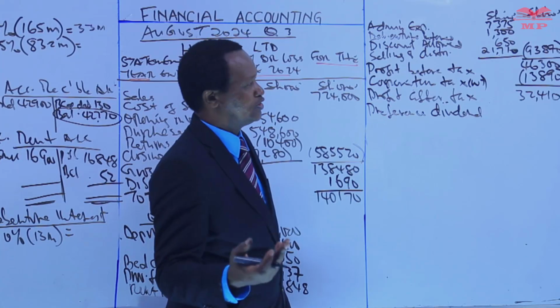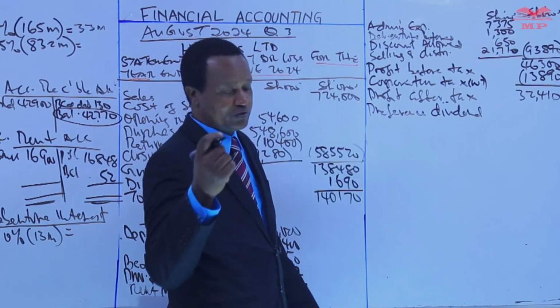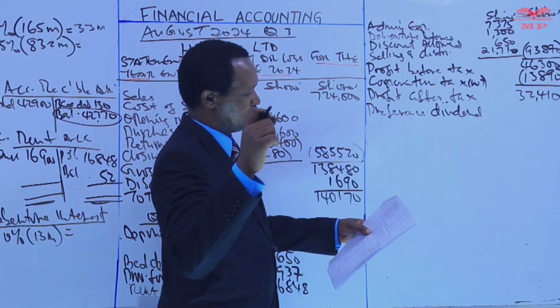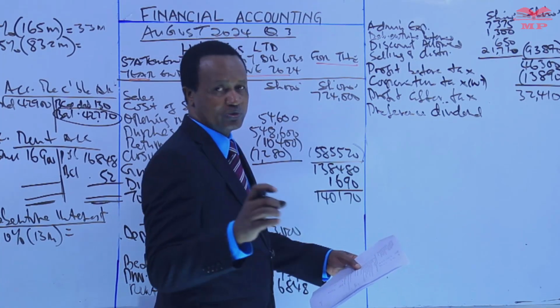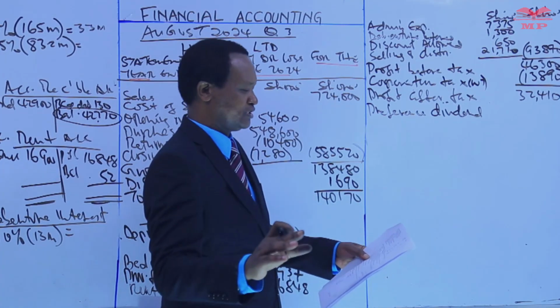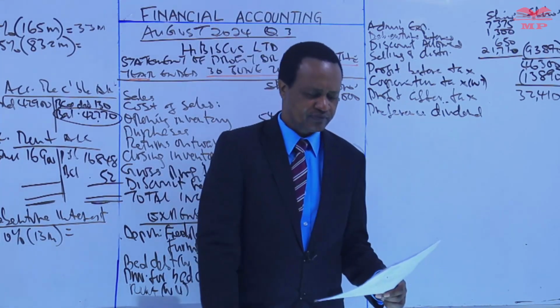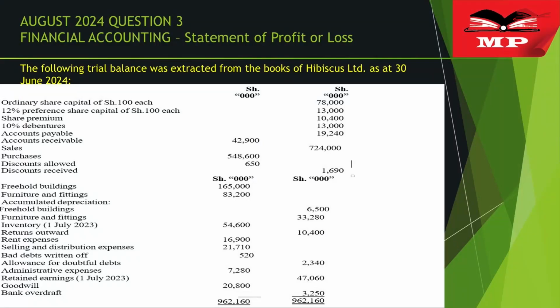The ordinary shareholders cannot be paid before the preference shareholders are paid dividend. So first of all, we pay the preference dividend. And how do you calculate the preference dividend? You just go to the information on preference shares. Look at the trial balance. The second item there reads 12% preference share capital. So that 12% is the rate of dividend.